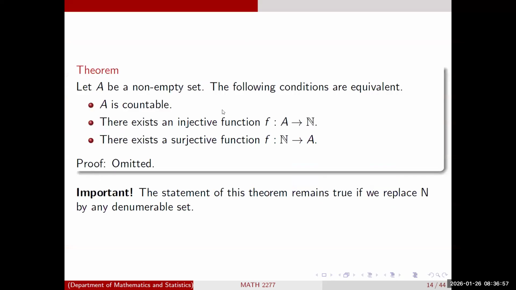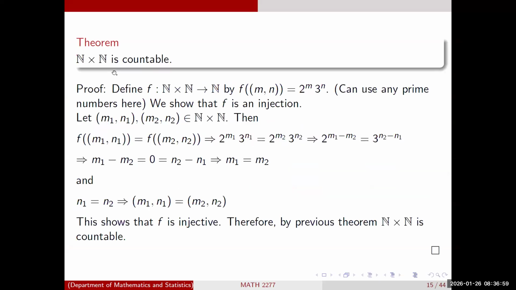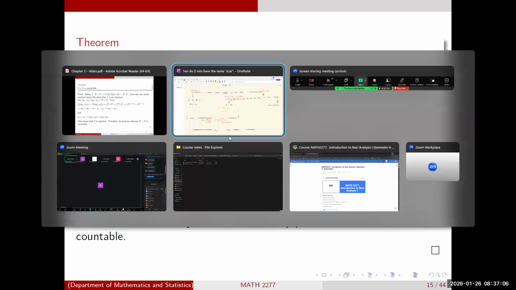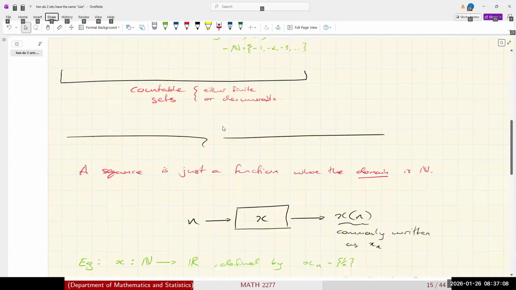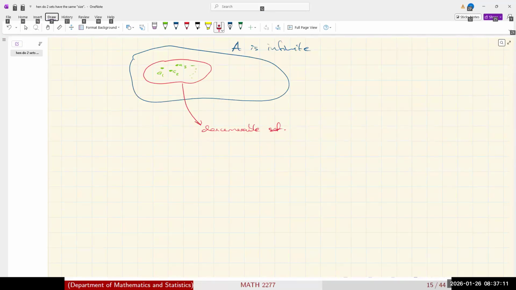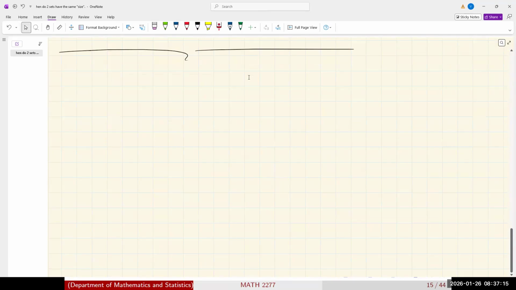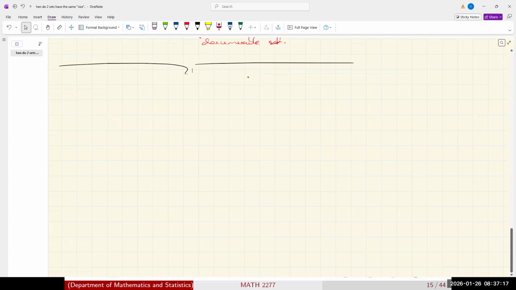So let's see how to do that. The first one is that N cross N is countable. I have to explain this one a little bit. We know N is denumerable.